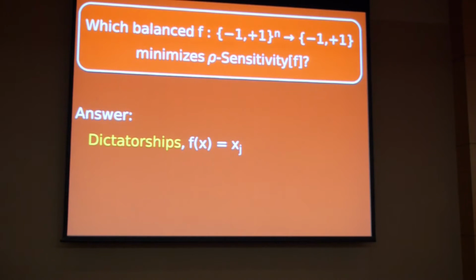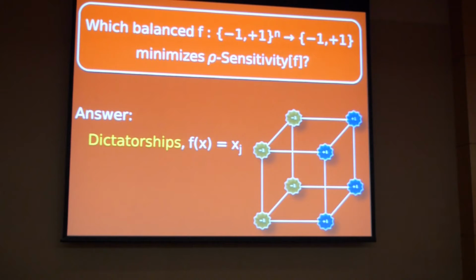That's just one of the form f of x equals x sub j for some coordinate j. So everybody votes, but just whoever the jth voter votes for is the winner. That doesn't seem too fair. We'll come back to it, but it is balanced because it's not inherently biased towards plus or minus 1. So it's kind of like half of Fox News. Balanced but not fair.